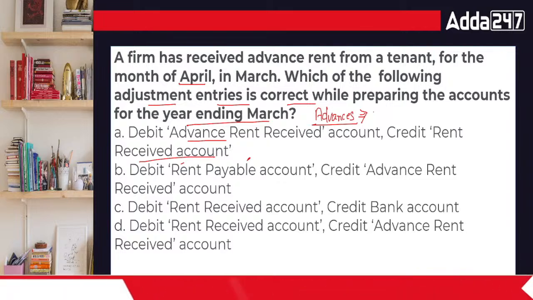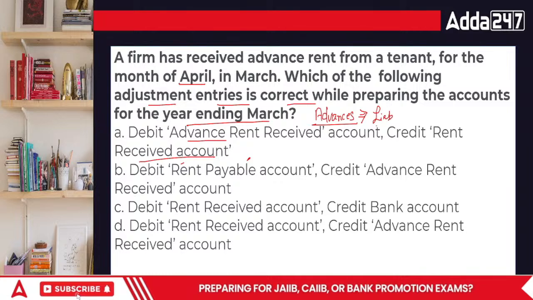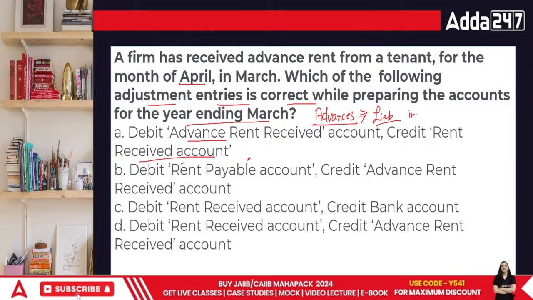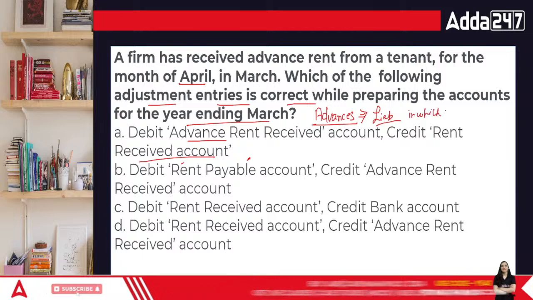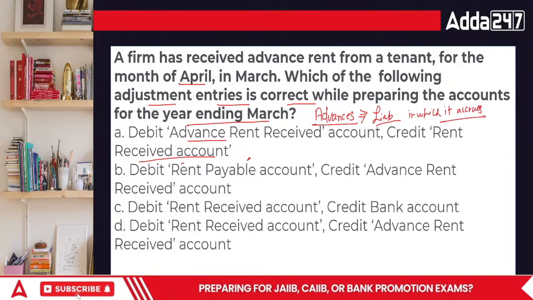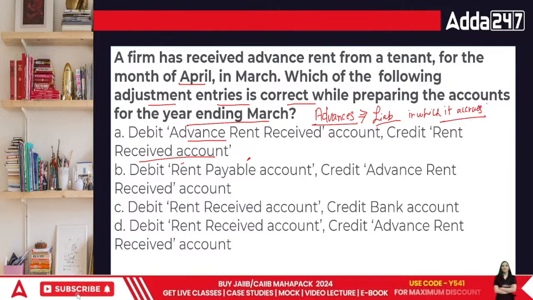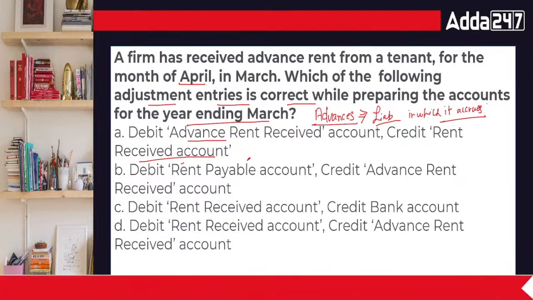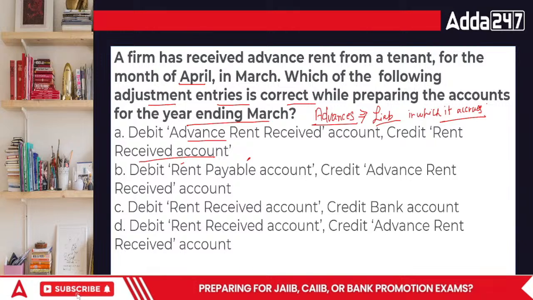The liability on your head. And the taxation regarding the same should be there in the year in which it accrues. One thing is sorted. So this is in the month in which it accrues. So what will you do in this case?